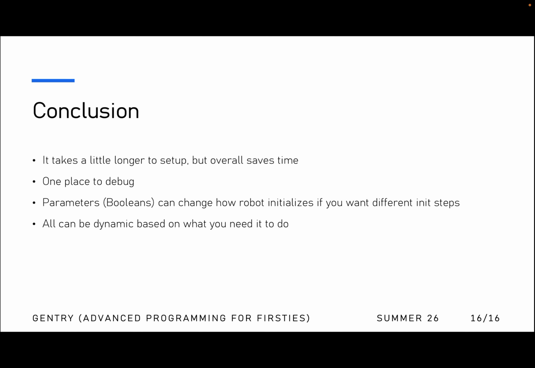And everything in this class can be completely dynamic based on what you need it to do. And you can customize this quite a bit. I find it's a little bit of a learning curve to get it set up, but once you have it set up, you can just keep reusing it. And it doesn't take that much modifications.